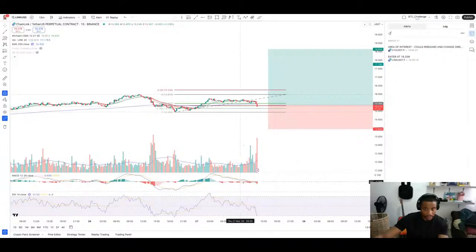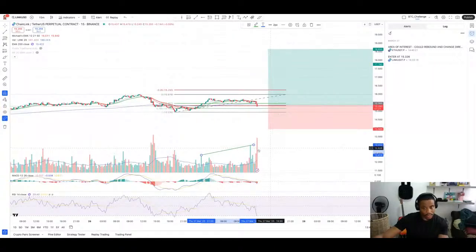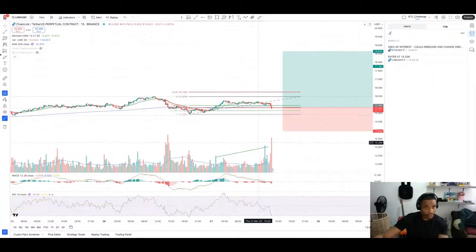See this. But again, notice the volumes. Volumes are ascending, and then you have a selling pattern here.